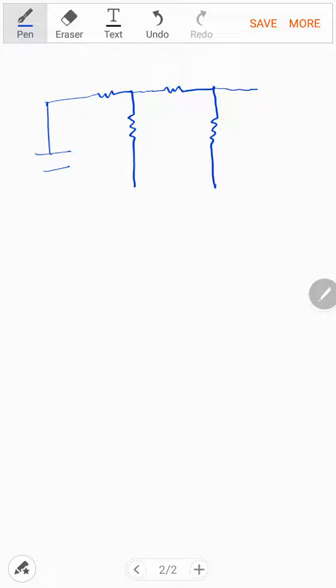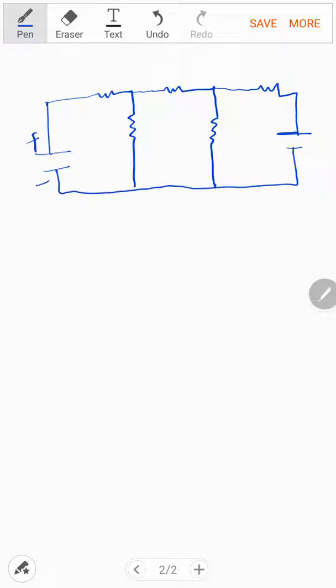So we'll start with the circuit. Here we have a battery source, and here also we have a battery source.